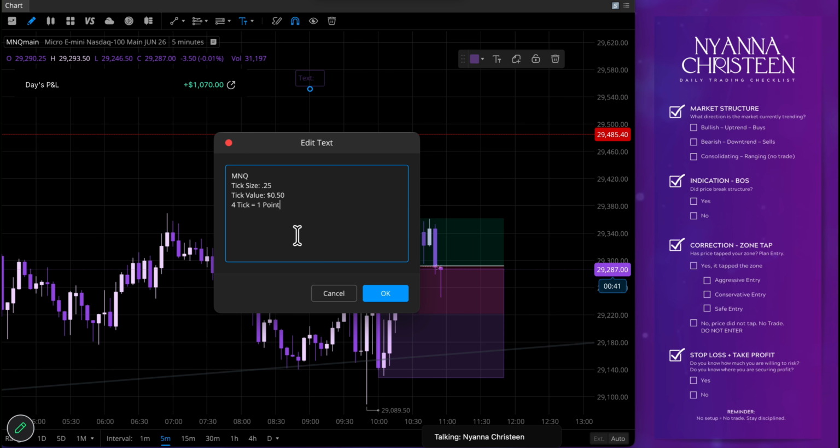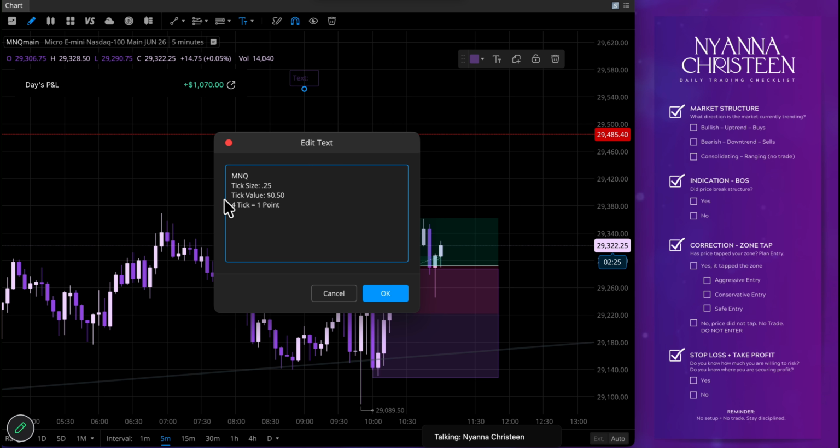So let's use our 70 points. For MNQ, the tick size is 0.25, so it moves 25 cents every time it moves. Every time it moves 1 tick, that is 50 cents. So when it moves 1 point, that is worth $2. So 4 ticks is equal to 1 point, which is equal to $2 on MNQ. Does that make sense? Yeah.